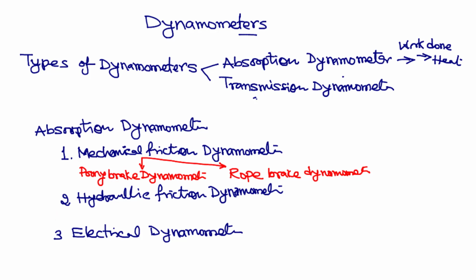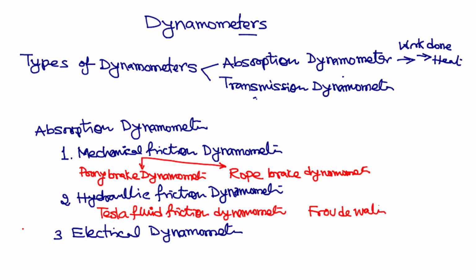And in hydraulic friction dynamometer, there are two dynamometers: Tesla fluid friction dynamometer and second, Froude water friction vortex dynamometer.